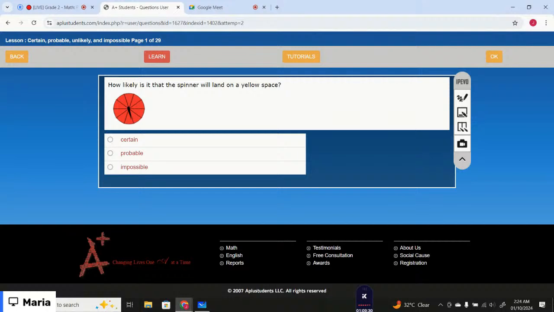How likely is that the spinner will land on a yellow space? So just look at the spinner. Do we have any yellow portion here?